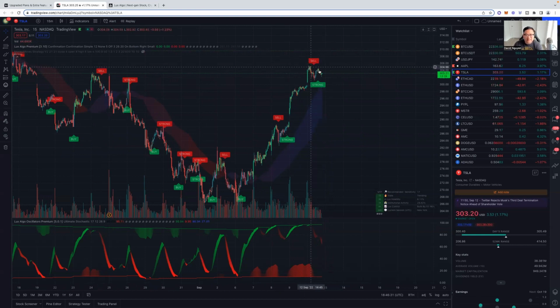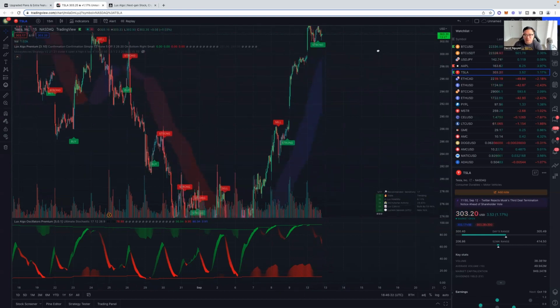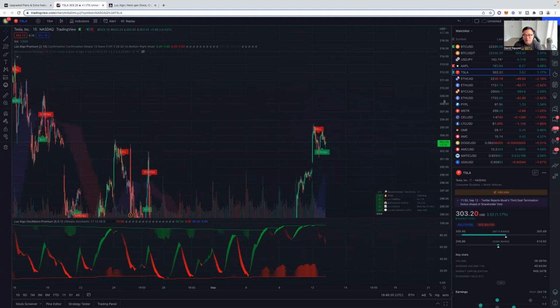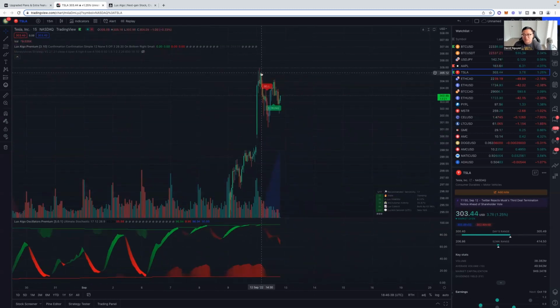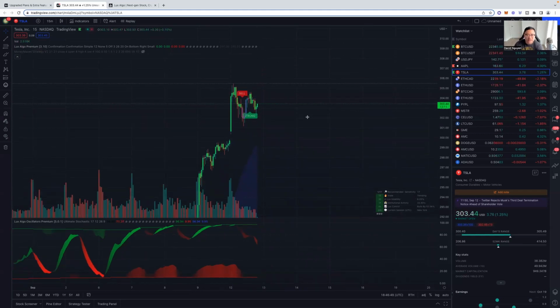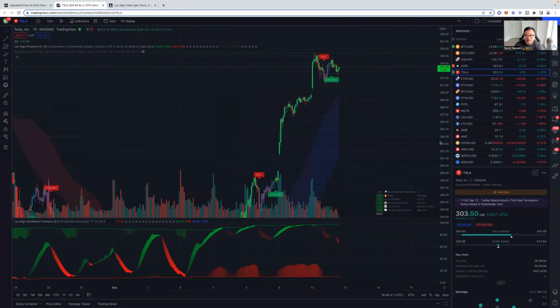But you see how the short time frames don't really work with the 15-minute. In crypto, it does because it's so fast. But if you would have sold at 305 and bought back in at 301, that's a $2 difference, right? How many shares are you going to have to have to make profits on that, right?